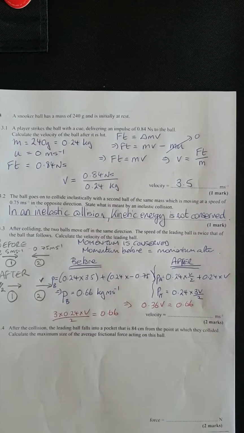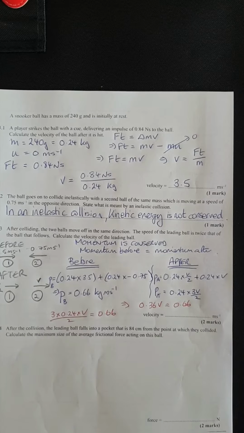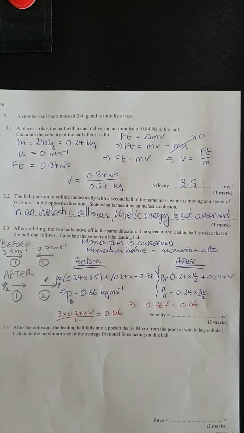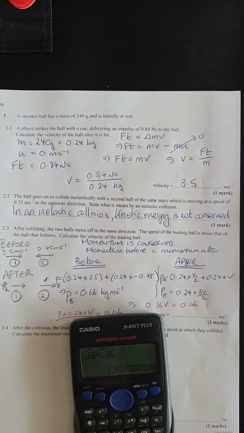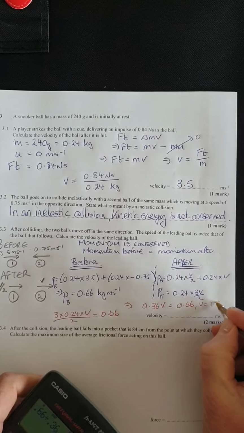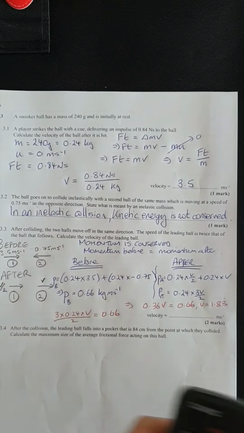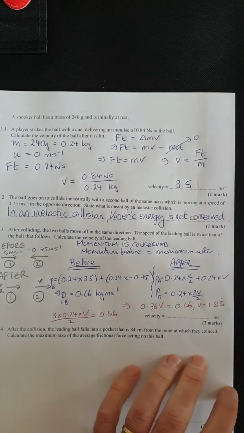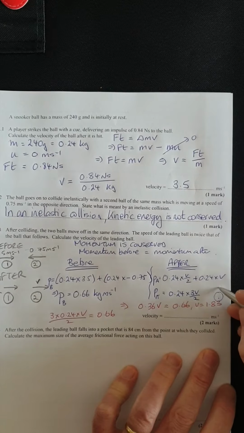Putting that into the calculator, I've got 0.66 divided by 0.36 gives me a velocity of 1.833 recurring. The velocity is equal to 1.83 recurring. Now in physics, we never use this.